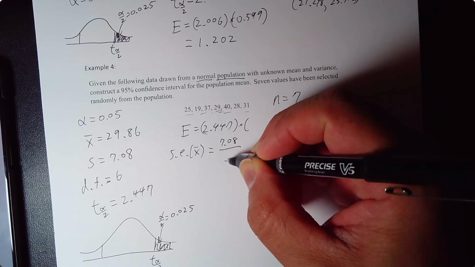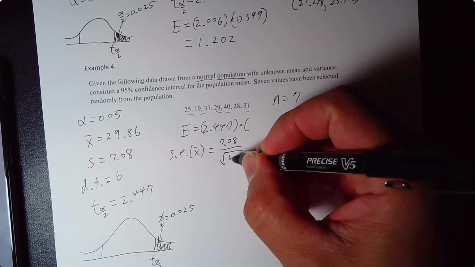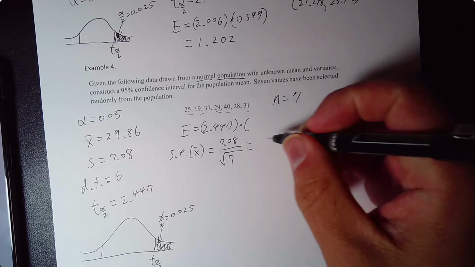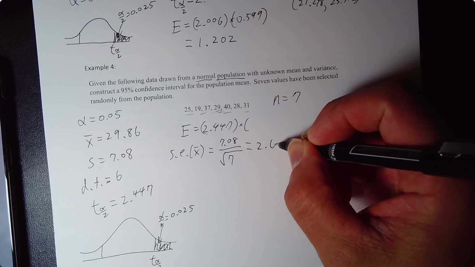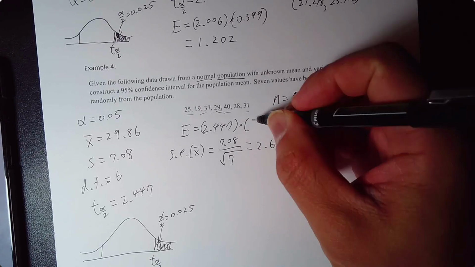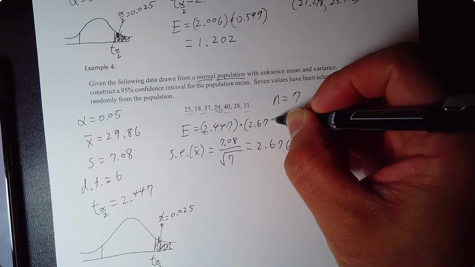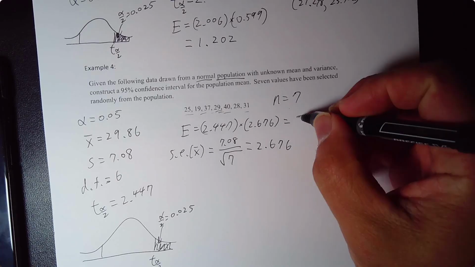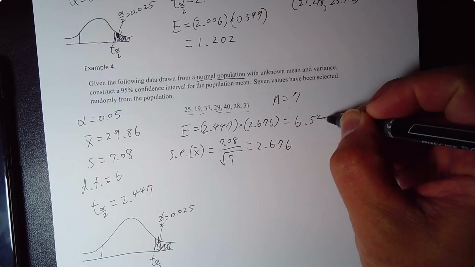So 7.08 over root 7, which is 2.676. That's what I need. So the margin of error is 2.447 times 2.676, and I get 6.548.